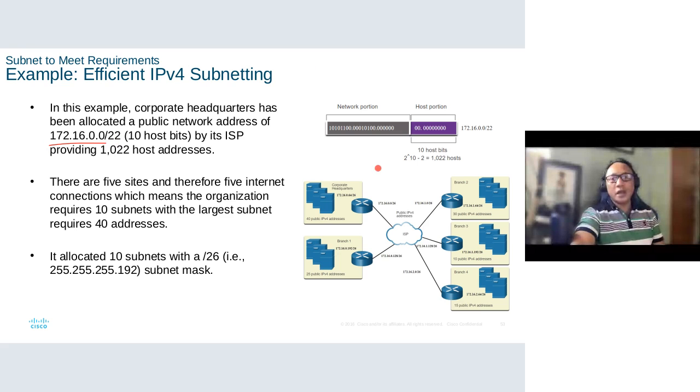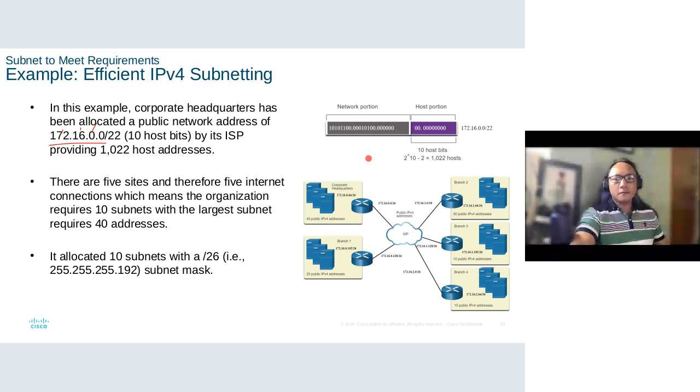So kung /22 yan, ito yung kanyang network address, di ba? Kung /22 ito guys, ilan yung kanyang borrowed bits? So meron tayong 8 plus 8, 16, di ba? So /22, meron tayong 6 borrowed bits dito.